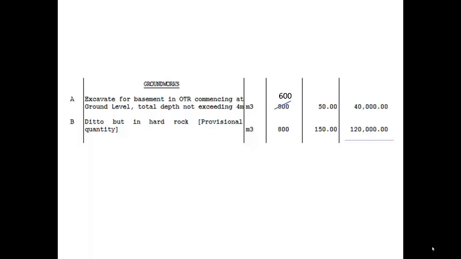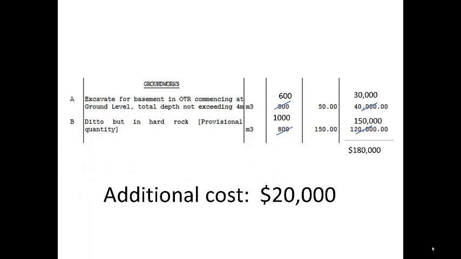That's still priced at $50, but we have to change that price there, of course, the product of 650, and then we have to change this quantity here to 1,000, and we have to recalculate that, and we find we now get a total of 180,000, which means there's an additional cost of $20,000 for the extra rock excavation.